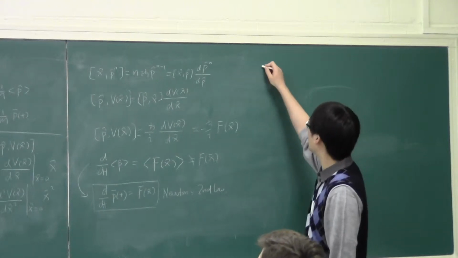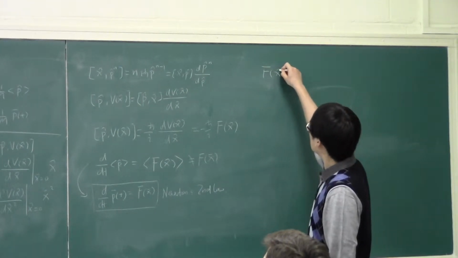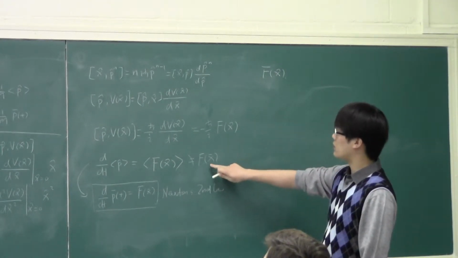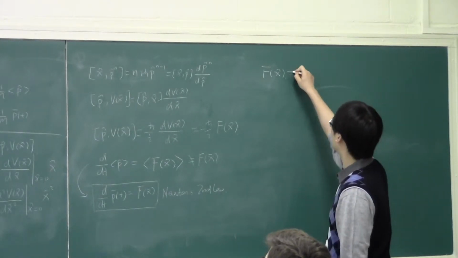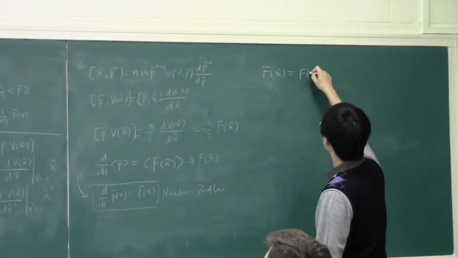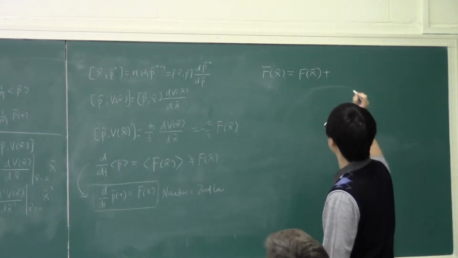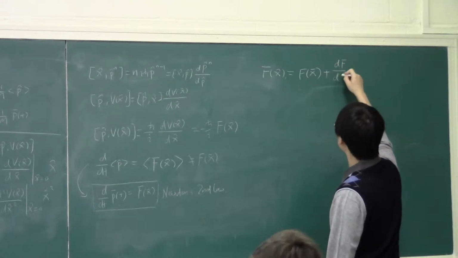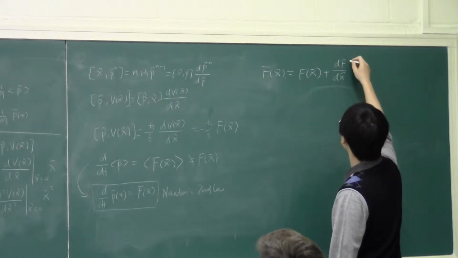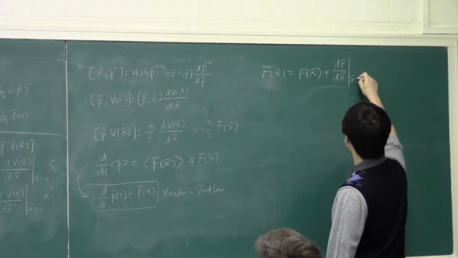So we can Taylor expand the function of x around this expectation value of x. Right? Expanded around this, it would be this plus the derivative evaluated at the expectation value.